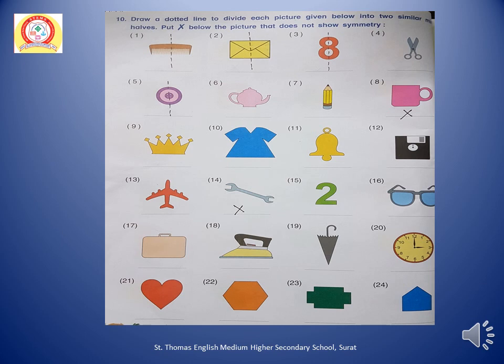Here, you have to draw a dotted line to divide the symmetrical pictures into two mirror halves and put cross for the pictures which are not symmetrical.